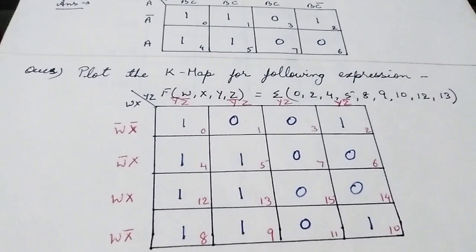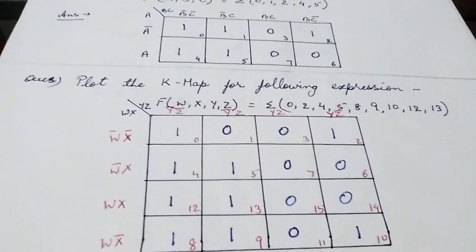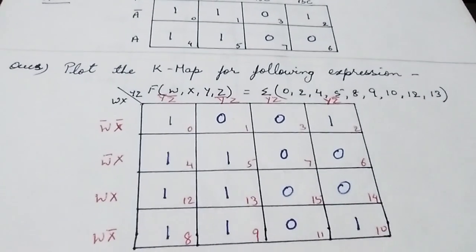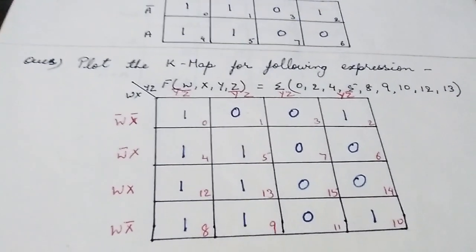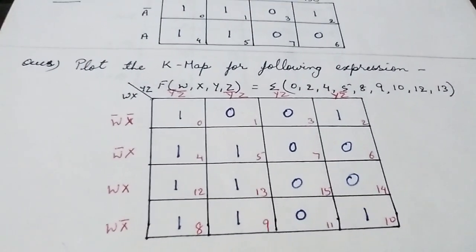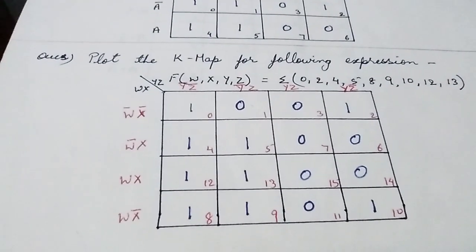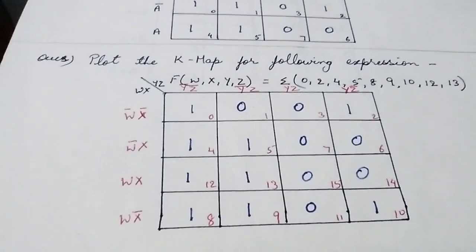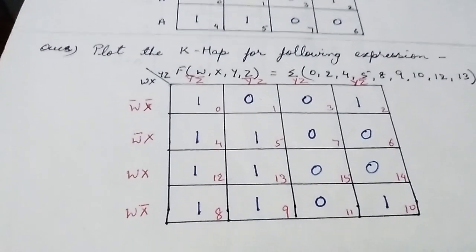Function W, X, Y, Z: we are supposed to plot a Karnaugh map for the sum of product where the values are given as 0, 2, 4, 5, 8, 9, 10, 12 and 13. So if it is 4 variables, it means we are getting 16 cells ranging from 0 to 15.